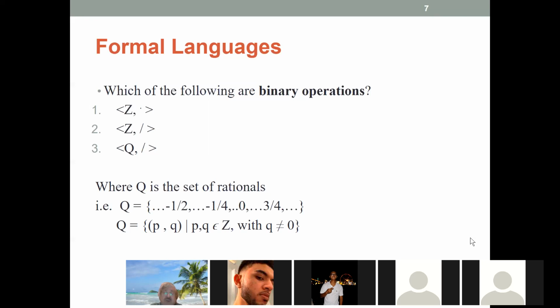What's the fraction? When you divide 10 by 3, what's the fraction you get? 10 over 3. And what's that equal to? Is that a rational result? A rational number can be written as a fraction. So if it could be written as a fraction, then it's a rational number. And 10 divided by 3, is that a rational? Yes.